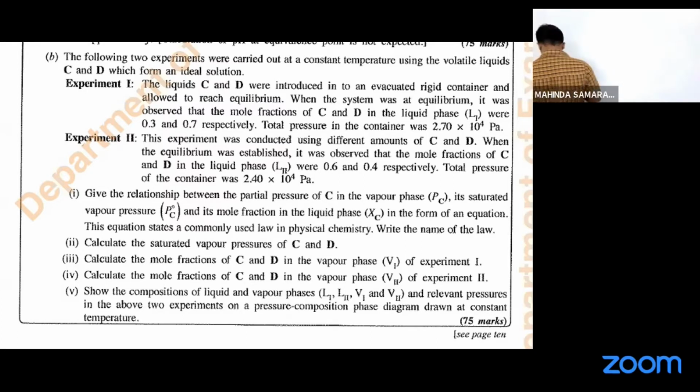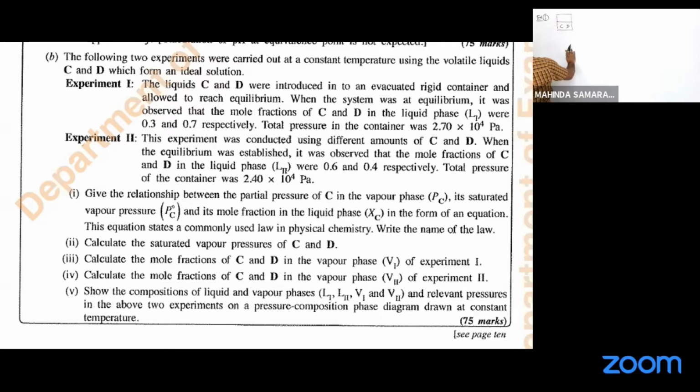If I go to experiment 1, what's the information given? C and D introduced to an evacuated rigid container and allowed to reach equilibrium. This is the system. You have C and D. Now we have equilibrium.